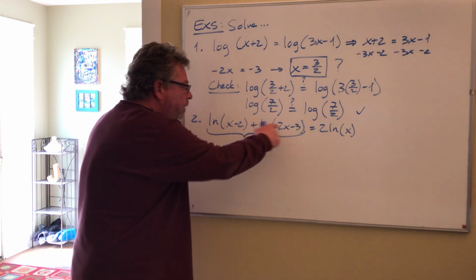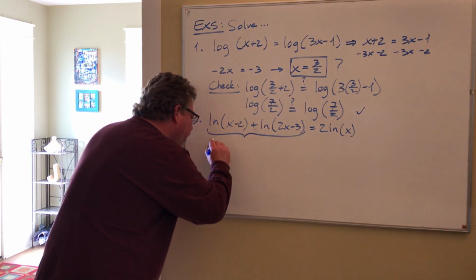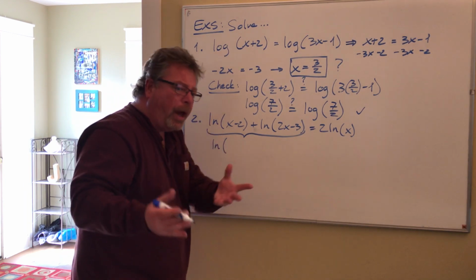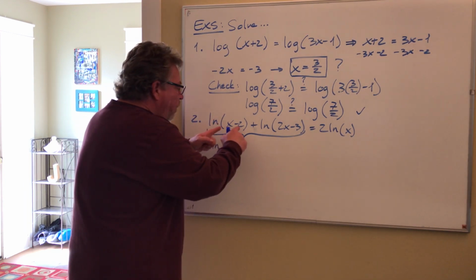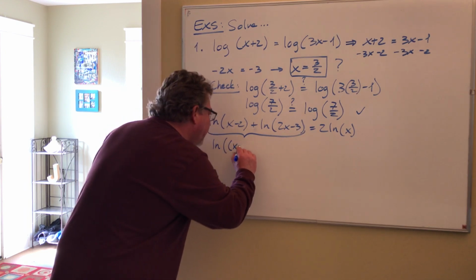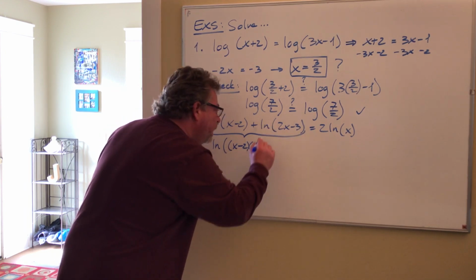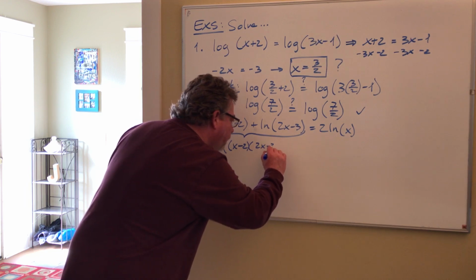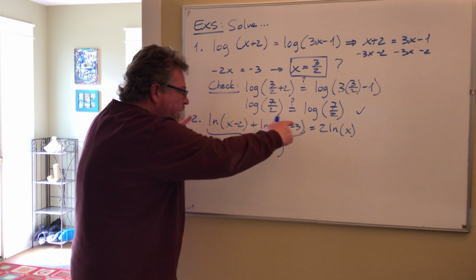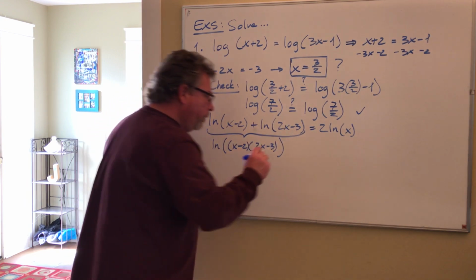So we have a log plus a log, the base is the same, and so this can be rewritten using what we call the product rule as the log of this times this. So this will be x minus 2 times 2x minus 3. That condenses this left side to a single logarithm.